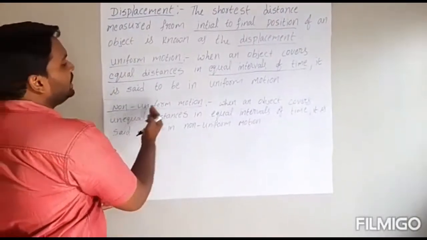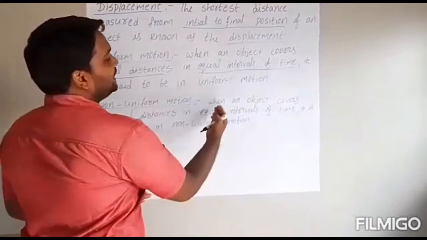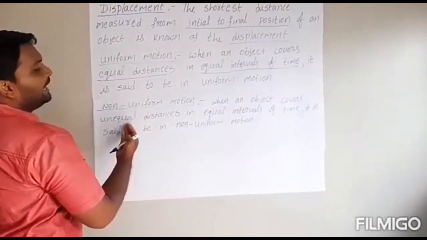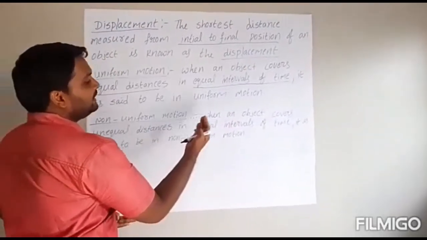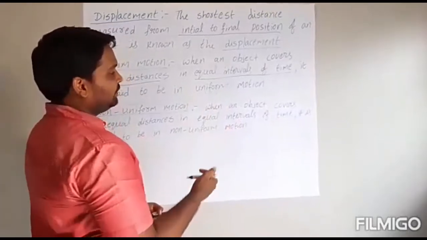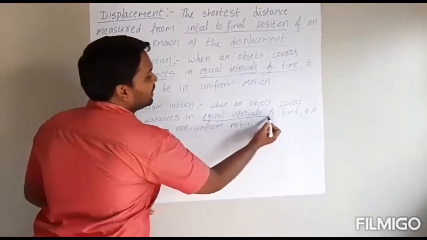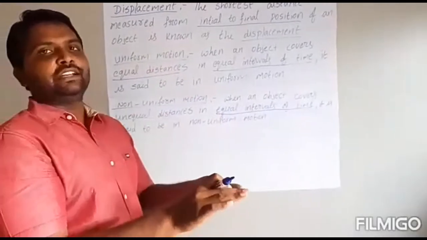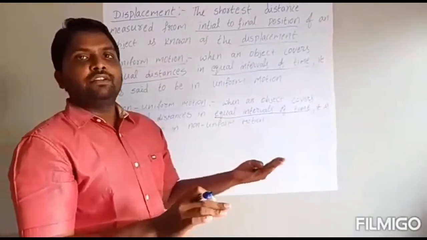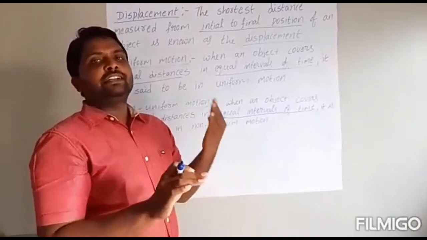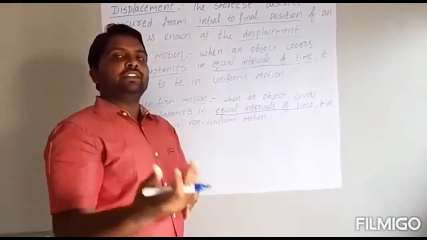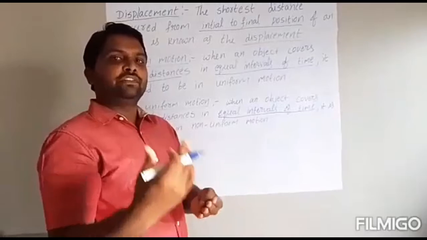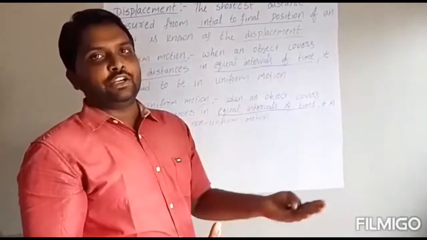Now you see non-uniform motion. When an object covers unequal distances in equal intervals of time. That means you take 5 minutes, but the first time it goes 5 kilometers. After that, in the same 5 minutes, it goes 10 kilometers.